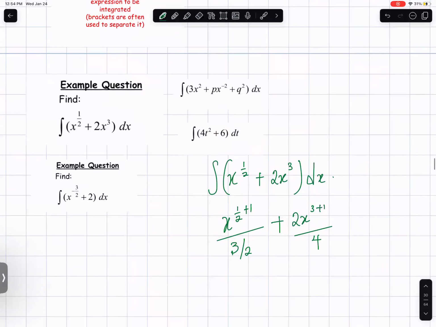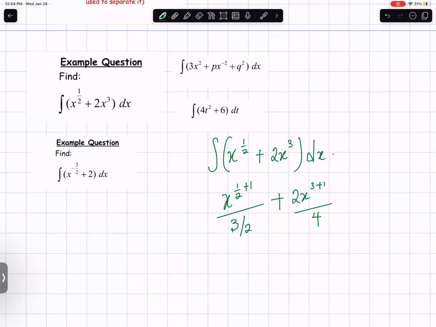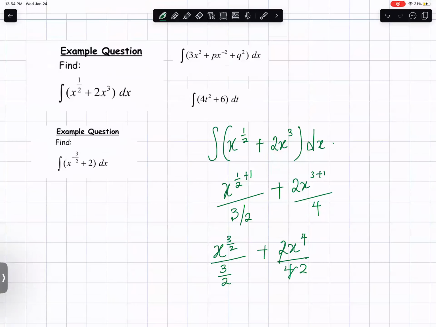This gives us x^(3/2) over 3/2 plus 2x^4 over 4, which gives us 1 over 2. If you multiply this, this gives us 2 over 3 x^(3/2) plus 1 over 2 x^4, and your c, the constant, should be included. So this is our integration of this function with respect to x. I hope you are okay with that.